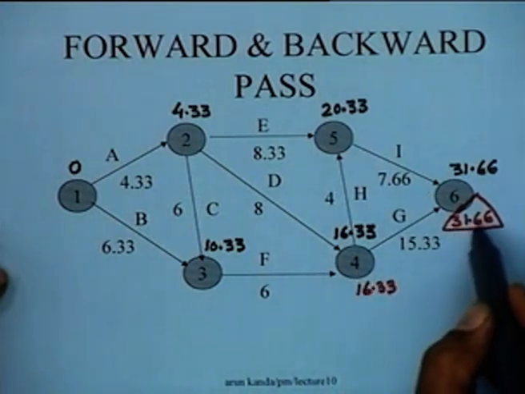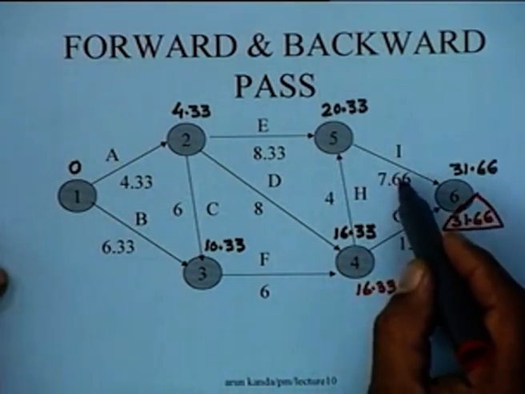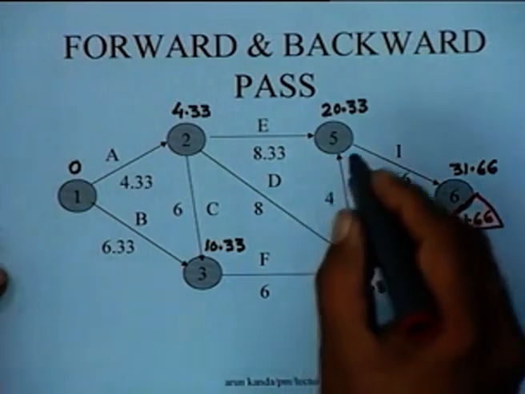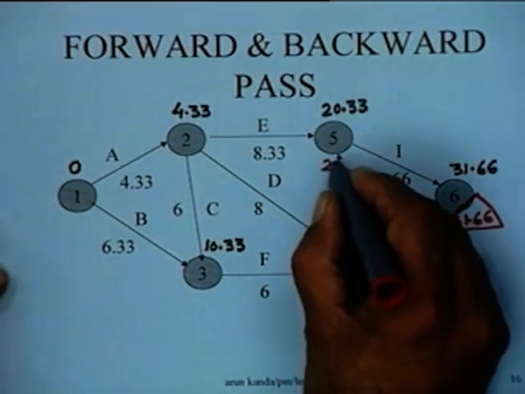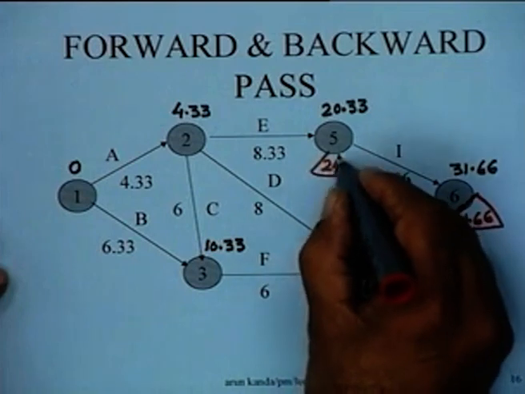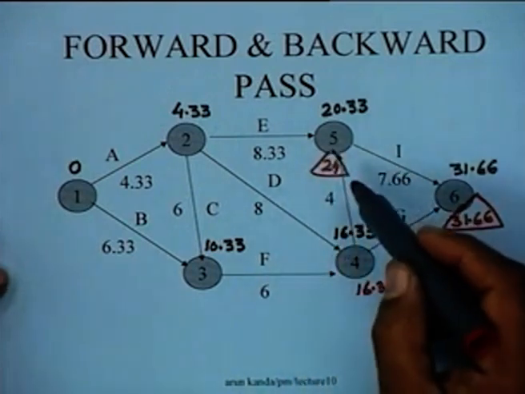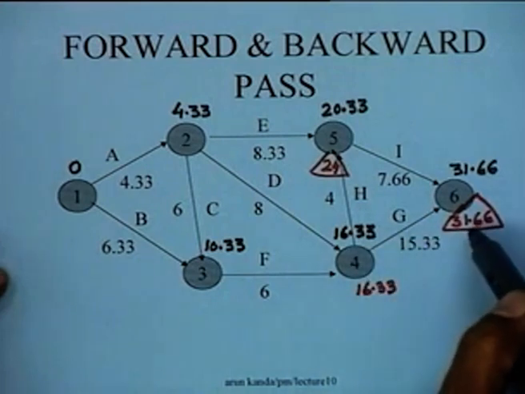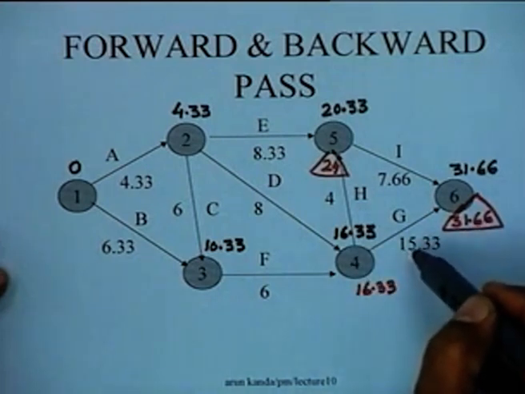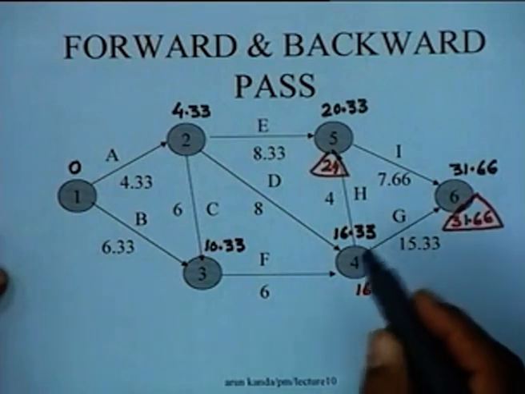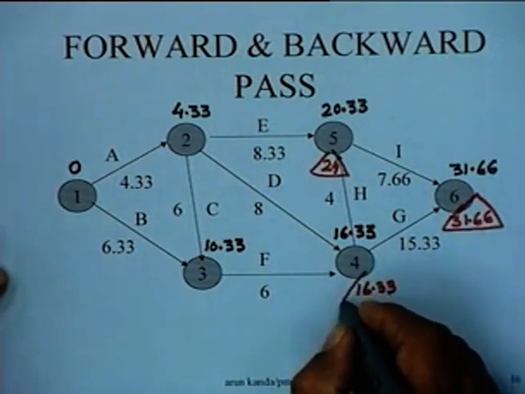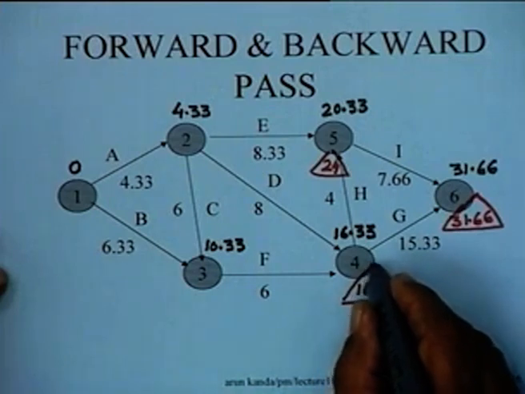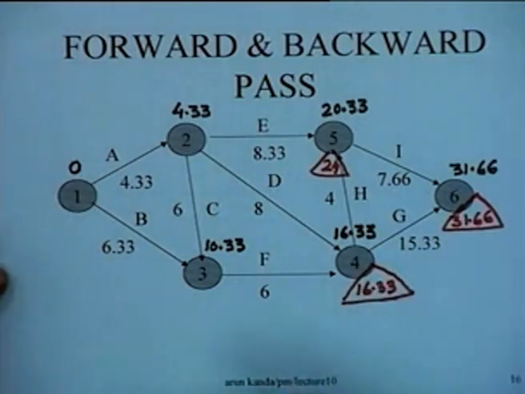So 31.66 minus 7.66 is going to be 24. Having computed 24, we would then have to say 24 minus 4, which is 20, and 31.66 minus 15.33, which is 16.33. So we take the lower value, which in this case is 16.33.